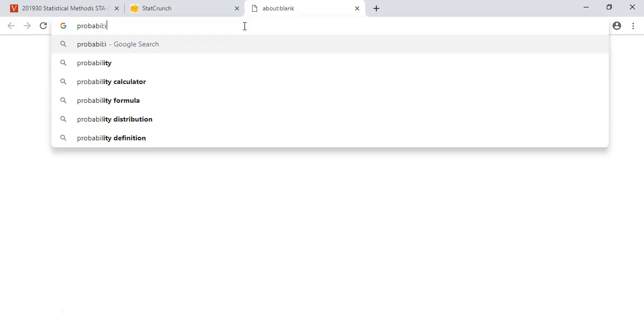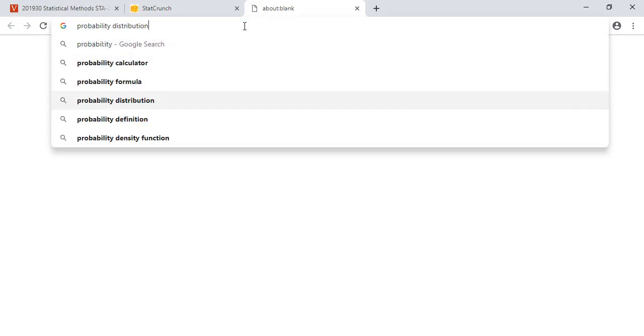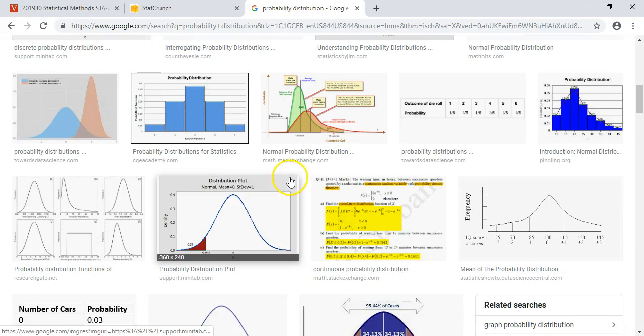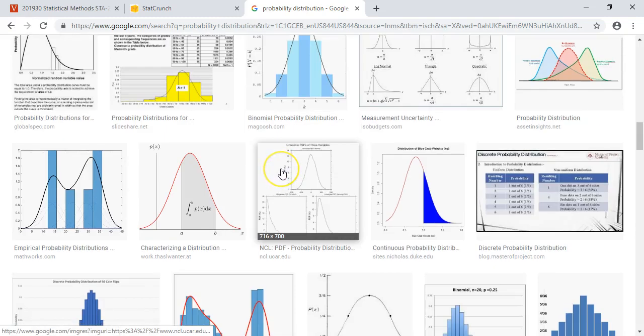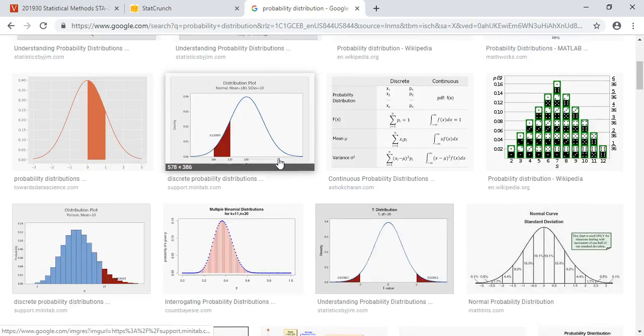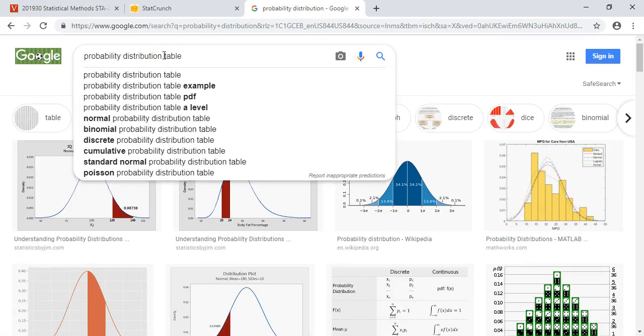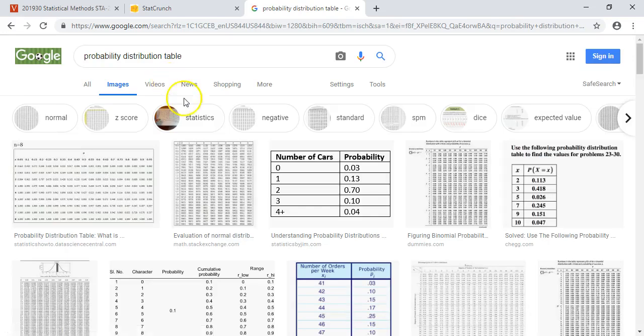We need a probability distribution table. There we go, that's a little bit better.